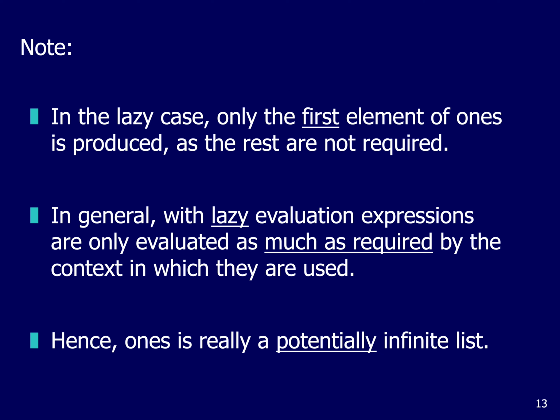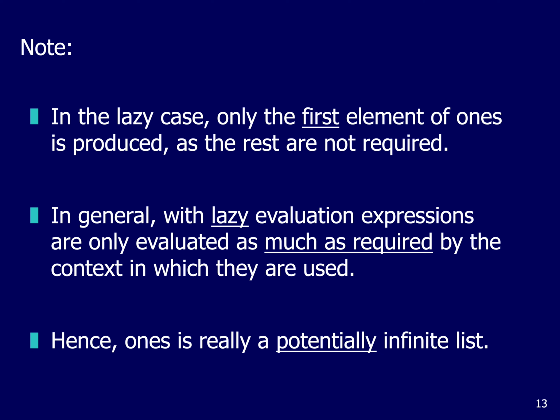In this particular example, we had the infinite list ones, but the context was the head function, which says we are only interested in the first value in that list. So the list ones only gets evaluated as much as required by the head function, which means we only need to produce the first value.